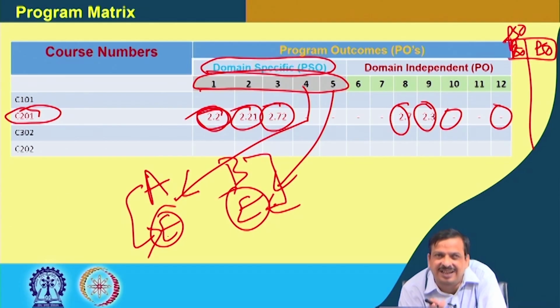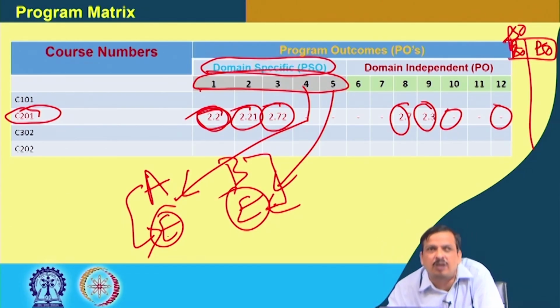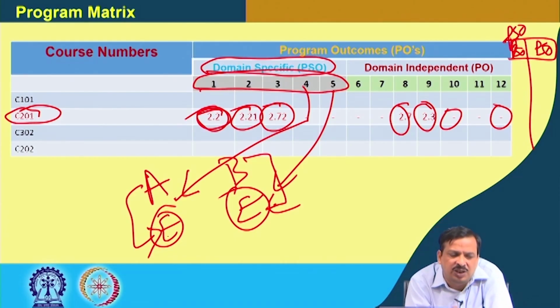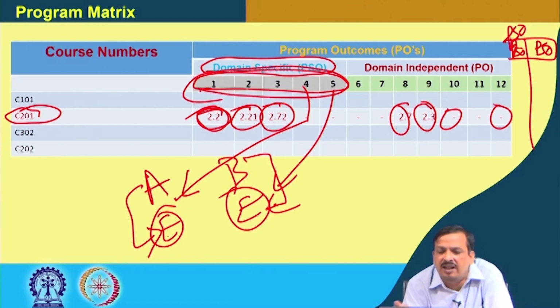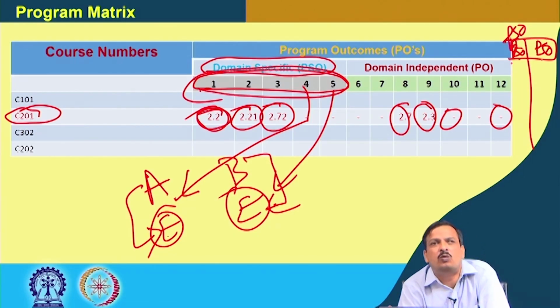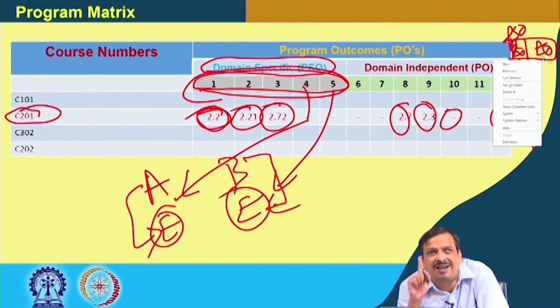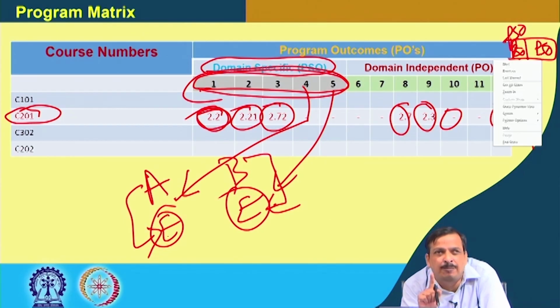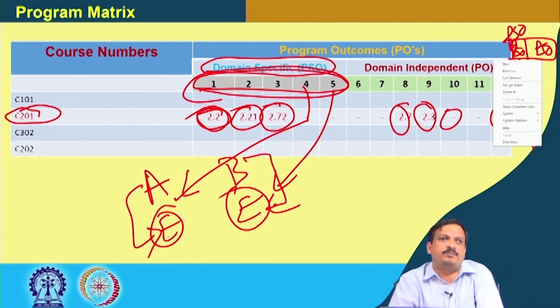PSO must indicate that Institute B has expertise in microwave. So, if you do not want to write that within these 5 dimensions, then you add PSO, which reflects your expertise in which domain.